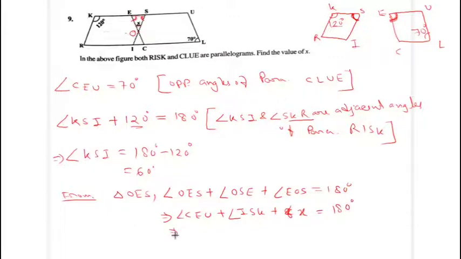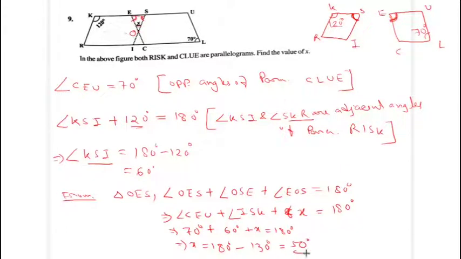Now the value of CEU is 70 degrees plus the value of ISK or KSI, same angle, is 60 degrees plus X equals 180 degrees. This implies X equals 180 degrees minus 130 degrees, which equals 50 degrees.